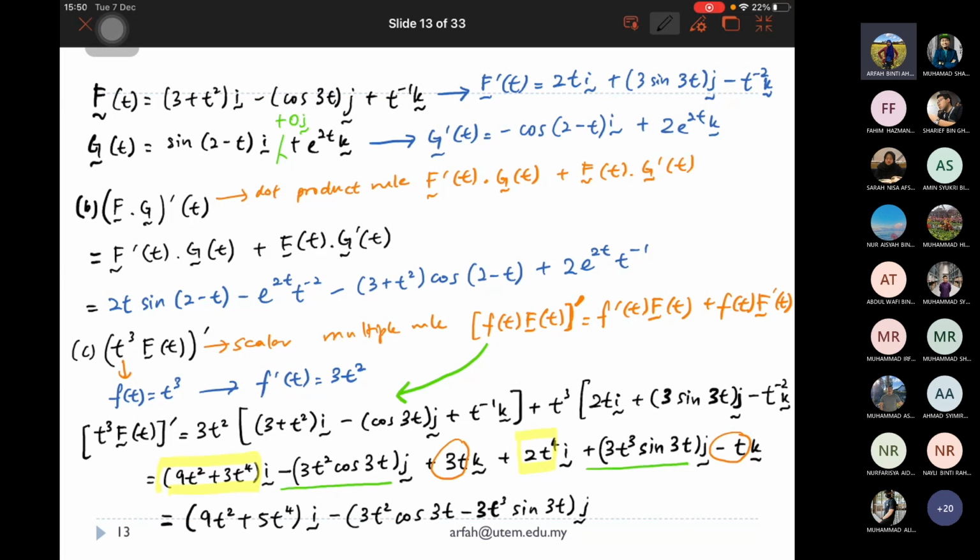And then 3T tolak T tambah 2T Q. So itu adalah jawapan dia for that soalan C. Dapat yang lain? Hui, dapat. Dapat. Bagus.